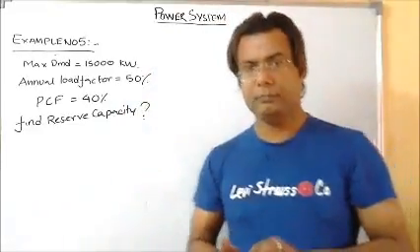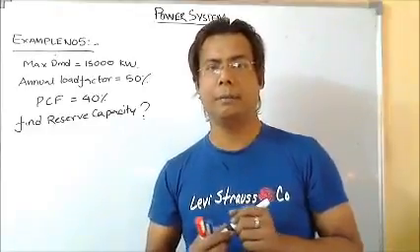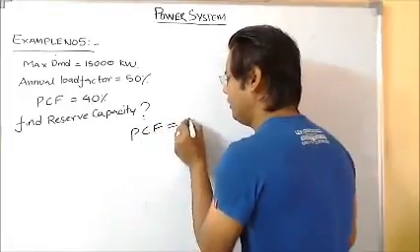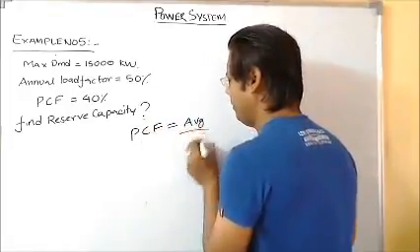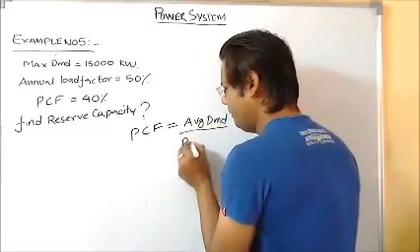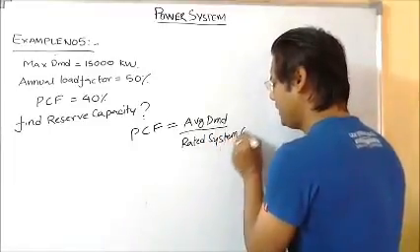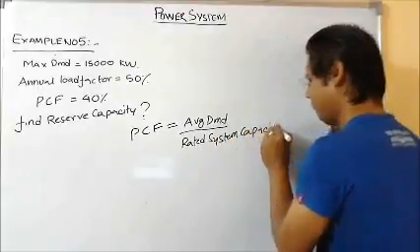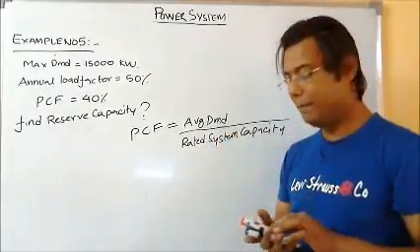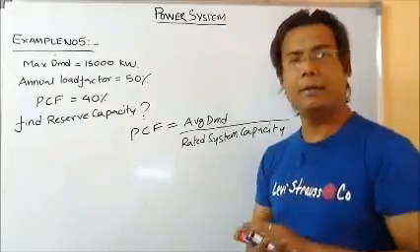So in example number 1 or 2, I suppose, we found the plant capacity factor is equal to average demand upon rated system capacity. So we can replace the average demand with maximum demand into load factor.